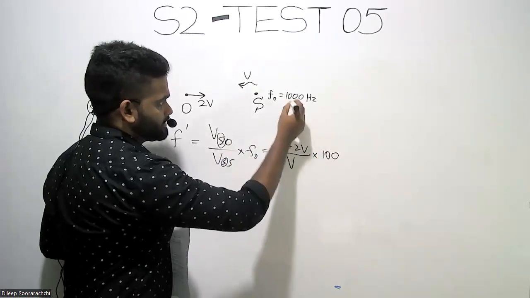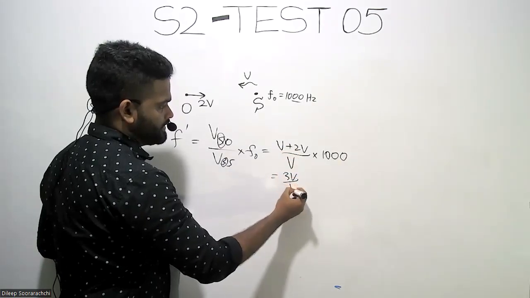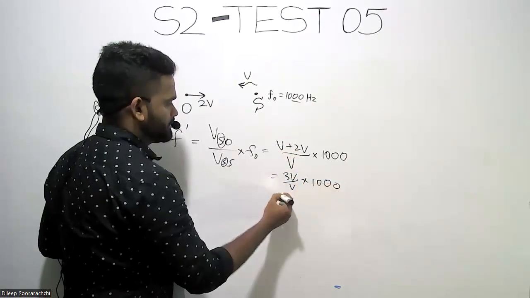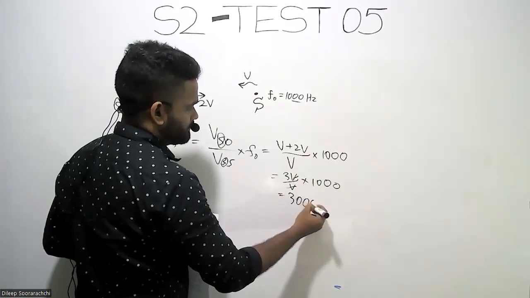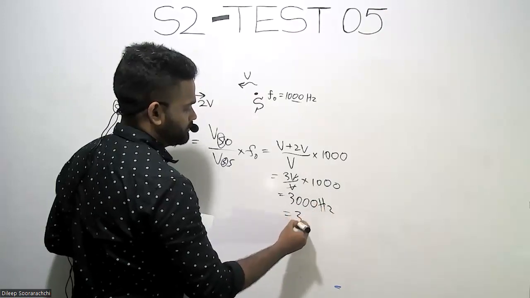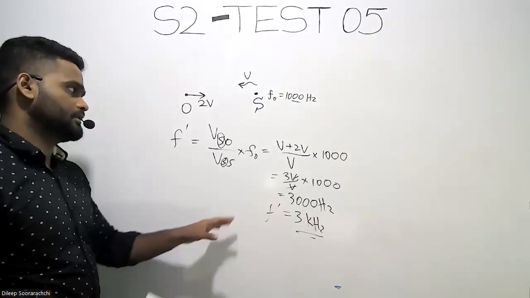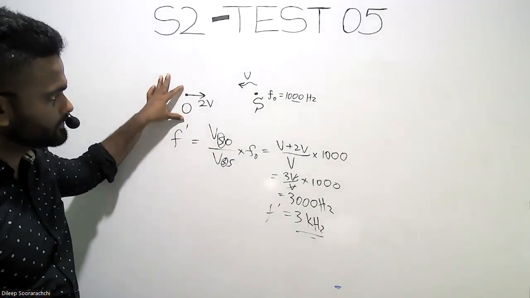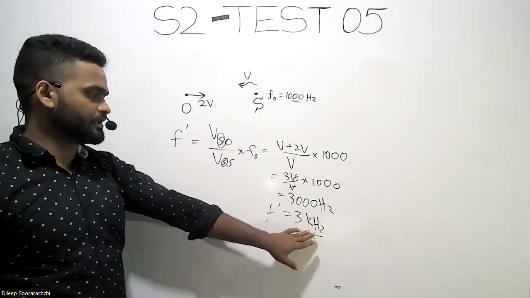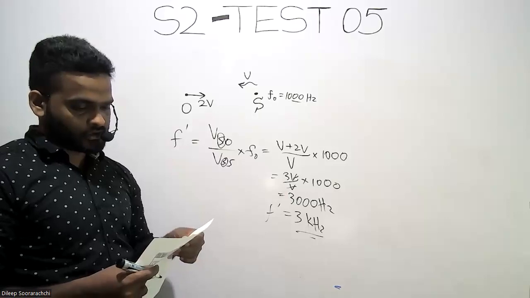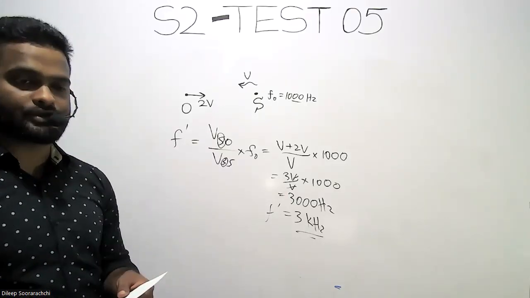It is given as 1000 hertz. So this is 3v divided by v times 1000, 3 times 1000, 3000 hertz or 3 kilohertz. So the apparent frequency heard by the observer is 3 kilohertz. So the answer should be the fourth one for the 8th question.